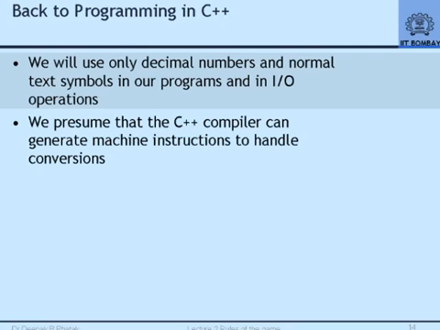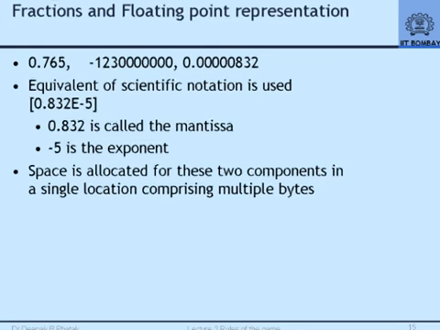Now we use only decimal numbers and normal text symbols. We presume that the C++ compiler is capable of generating appropriate values; we don't know yet what the compiler does, so we'll leave it there. Fractions and floating point representations we had discussed earlier. We'll write these as fractional numbers. The equivalent of scientific notation is some fraction followed by letter E followed by some number.